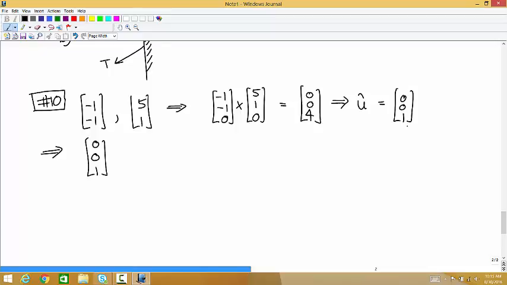So 0, 0, 1 is in the direction of -1, -1, 0 cross 5, 1, 0. And 0, 0, -1 is in the direction of the cross product 5, 1, 0 cross -1, -1, 0. So we don't say it's going right or left.